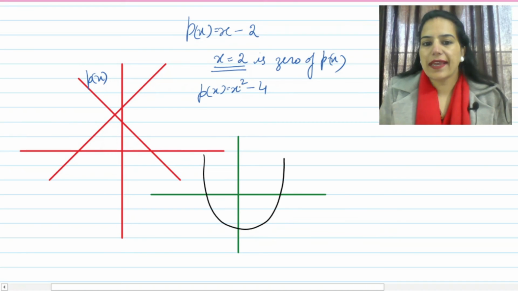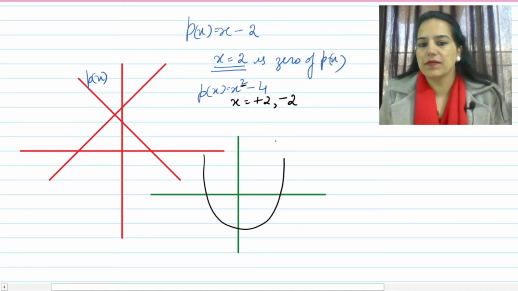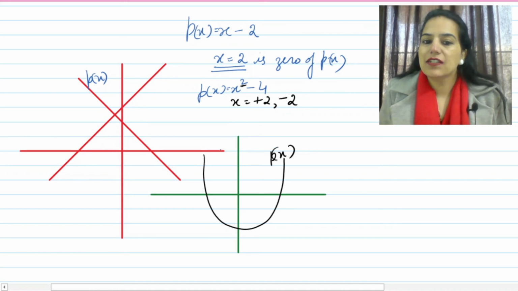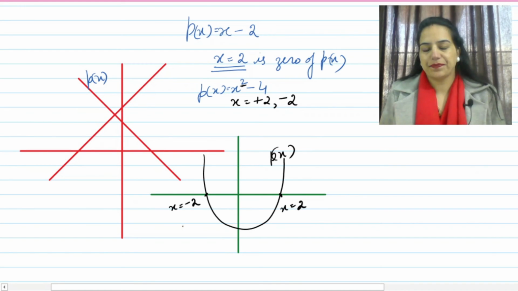So you know it is x square, right? And if you find the roots here, x can be plus 2 and x can be minus 2, because in both the cases p(x) will become 0. So when you plot that here, it is touching the x-axis at 2 points. This is x equals to 2 and this is x equals to minus 2.